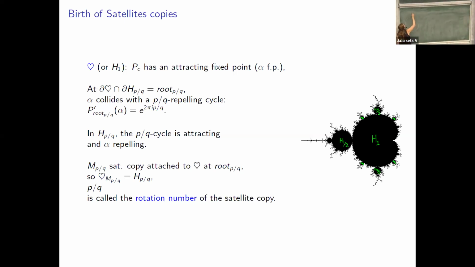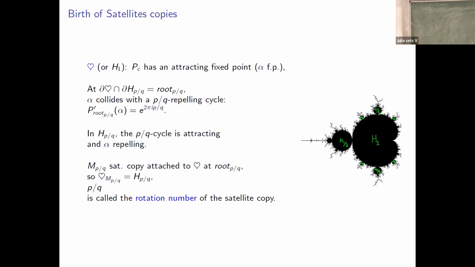Here we have our hyperbolic component of rotation number 1/3. Every parameter here has an attracting cycle of period 3 and rotation number 1/3. So I move here and then here and then here.